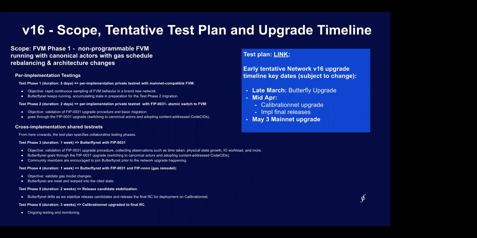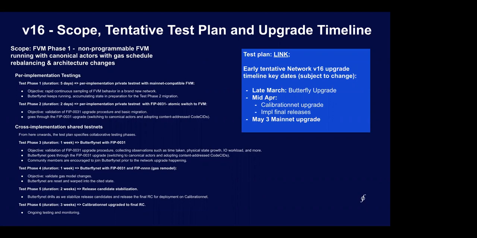Right now, we are suggesting that we take 2 to 4 weeks to implement the whole network V16 logic, and then we will be launching the code in Butterfly in late March. Then in mid-April we will be testing that for about 2 weeks, and then rolling out into the calibration net test, which is more mainnet-like, in mid-April.